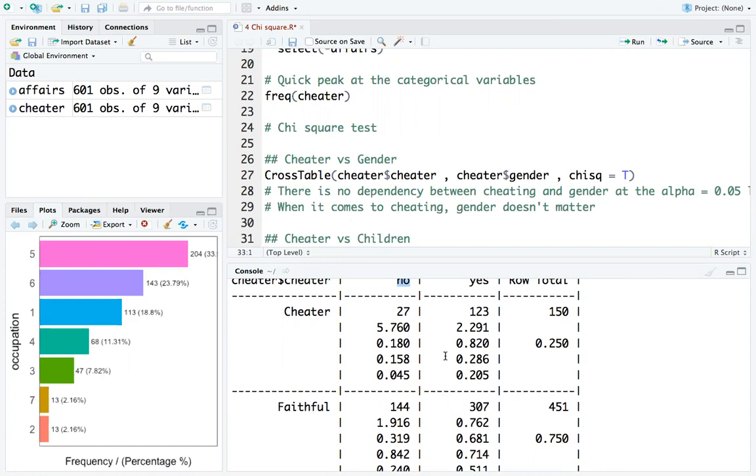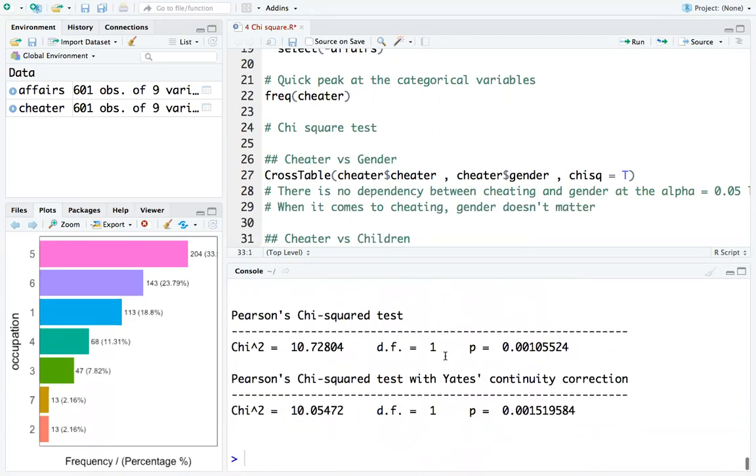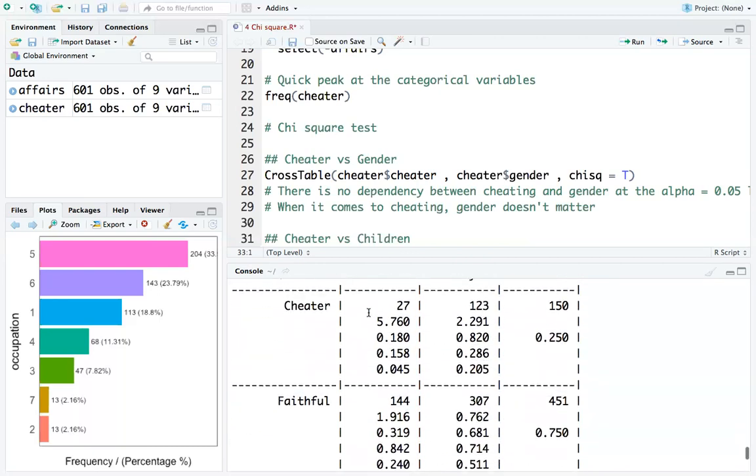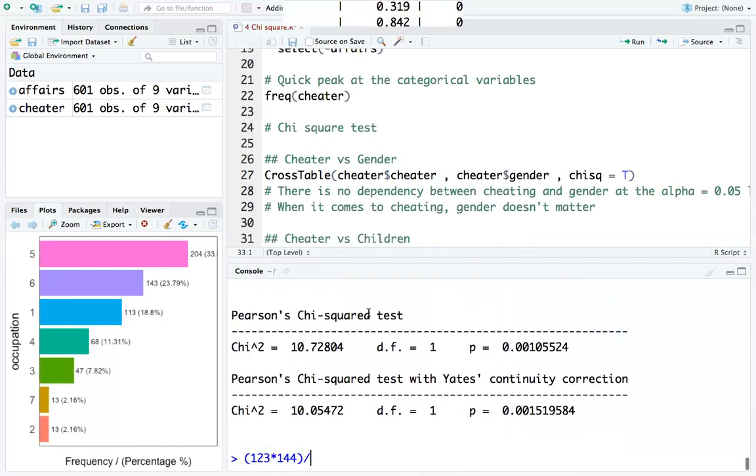Let's do that calculation. 123 times 144. Hold on. 123 times 144 divided by 27 times 307.